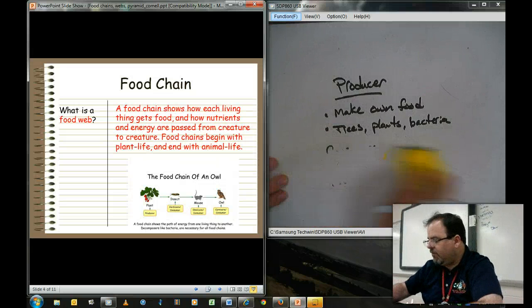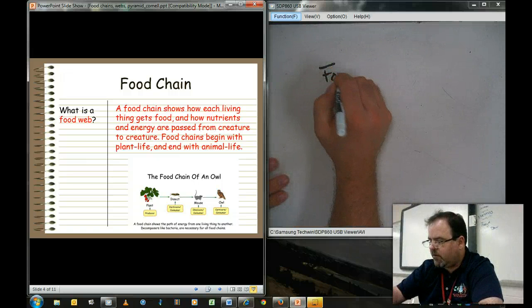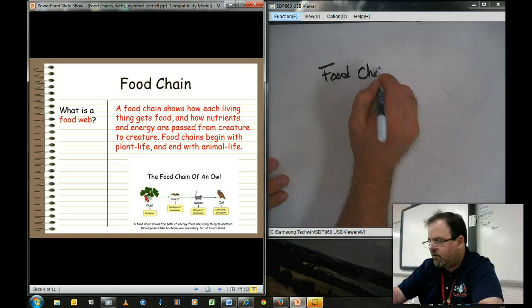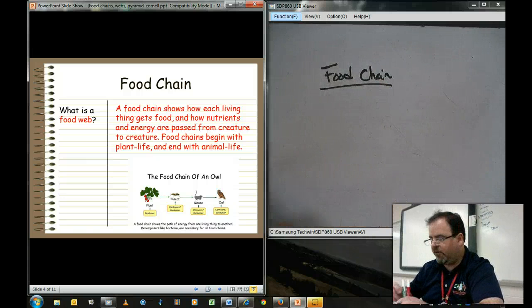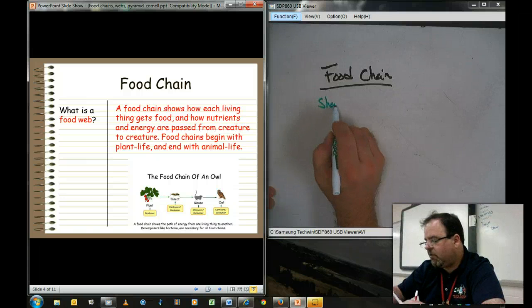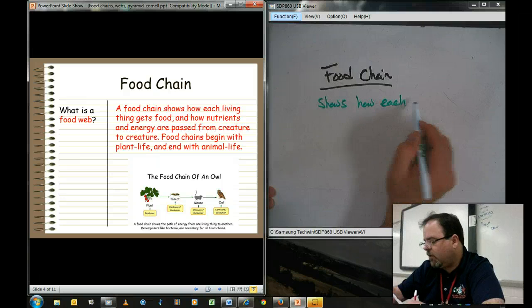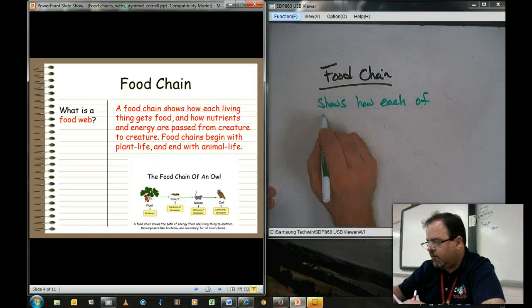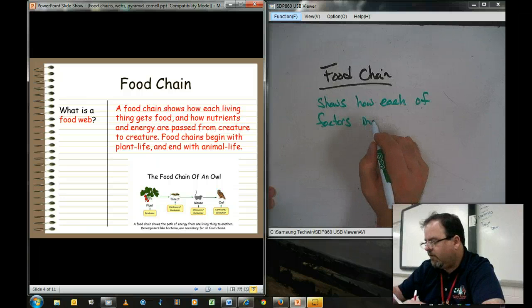A food chain shows a relationship between these different plants and animals. It shows how each of the factors interact with each other.